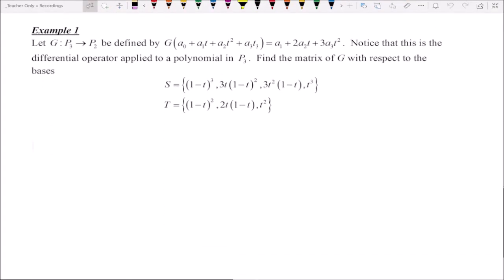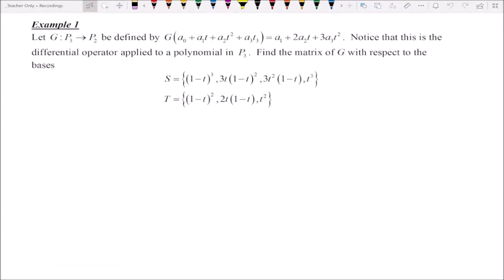Okay, so what we want to do is go ahead and find the matrix of this linear transformation G, which is from P3 to P2, defined as G of a0 plus a1 t plus a2 t squared plus a3 t cubed is equal to a1 plus 2 a2 t plus 3 a3 t squared.